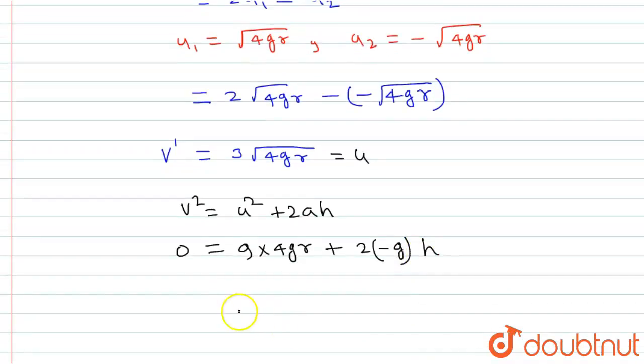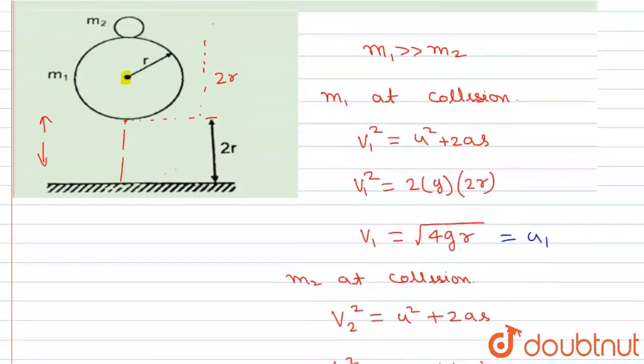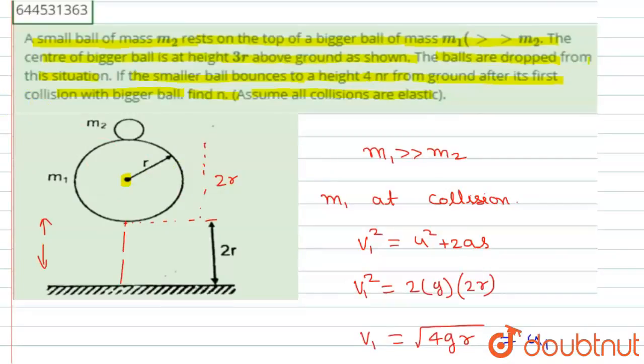Clear? Now from here we can write this h is equal to 18r. Clear? So this is equal to 18r. So from here we can see that this height is equal to 18r plus 2r. So this 2r is additional height, because 2r height is already above.